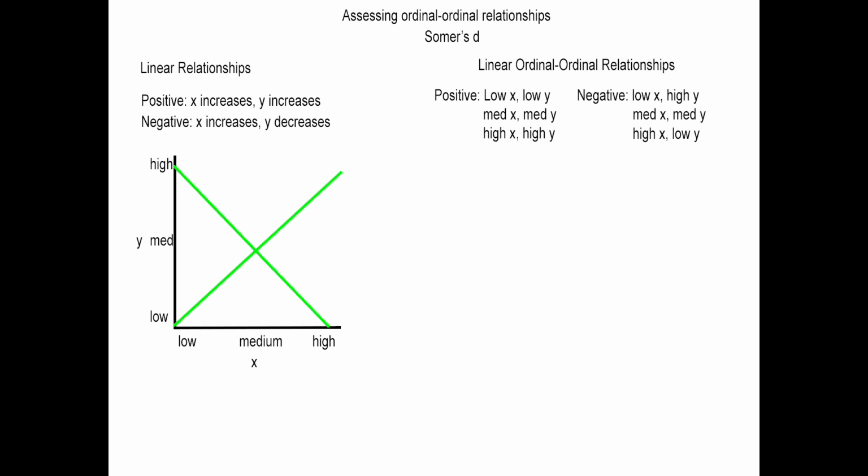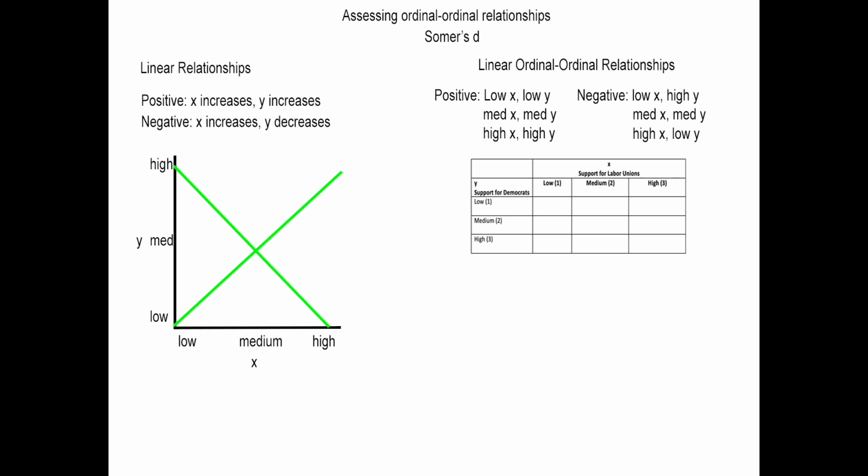Once again, this corresponds to the combinations of cells that we would see in the positive line relationship. Conversely, a negative relationship would be defined by values in the low x, high y cell, the medium x, medium y cell, and the high x, low y cell. Once again, this is reflected in that negative line and would be reflected in our crosstab.